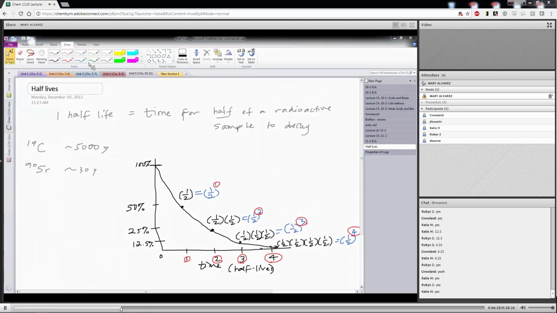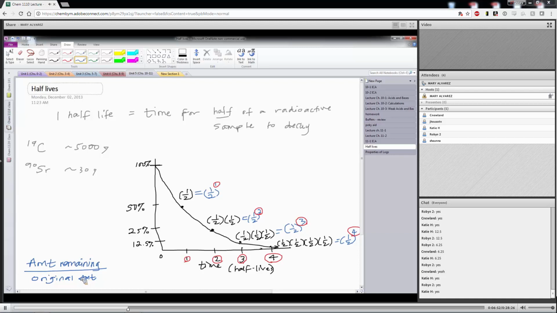So we could turn this into a mathematical formula and say, well, the amount which is remaining divided by the original amount that I had, this is the fraction, right?